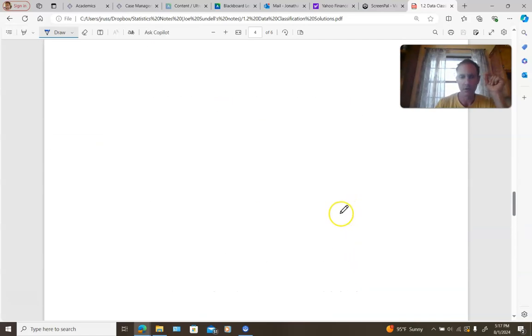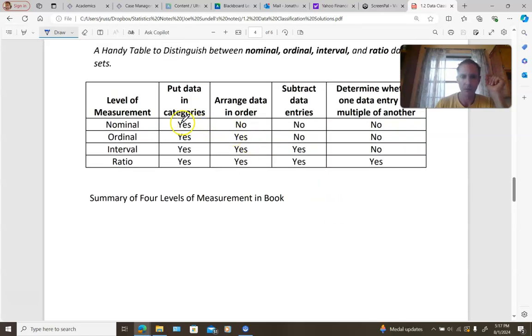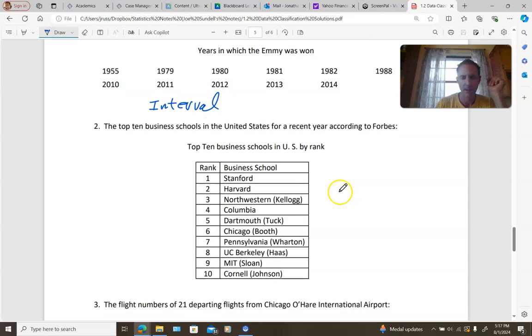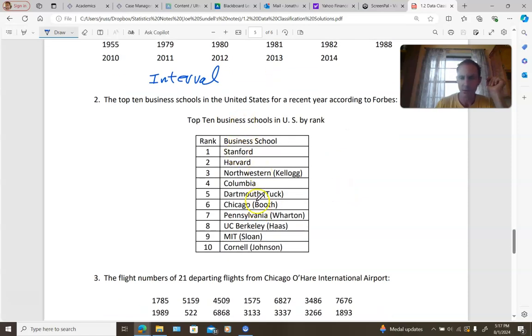If you look back up here at the chart, but the data can be ordered, okay? And that's actually what this data is. It's data that's ordered, right? Because it's the top 10 business schools.